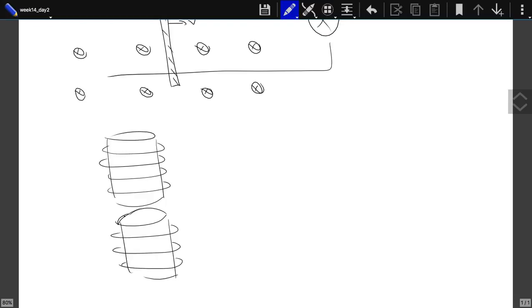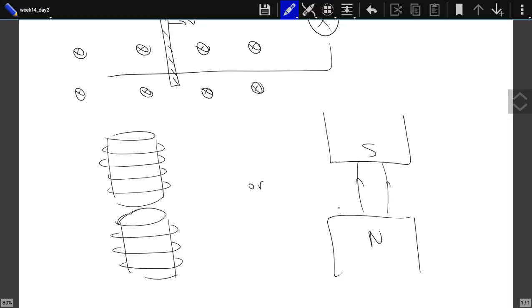So this will create a more or less uniform magnetic field in the gap between the solenoids, or just take two magnets. Take one magnet, another magnet. Let's say this is the south pole, this is the north pole. In the gap between the magnets, you will get a somewhat uniform magnetic field. Well, it doesn't even need to be uniform to obtain an EMF.